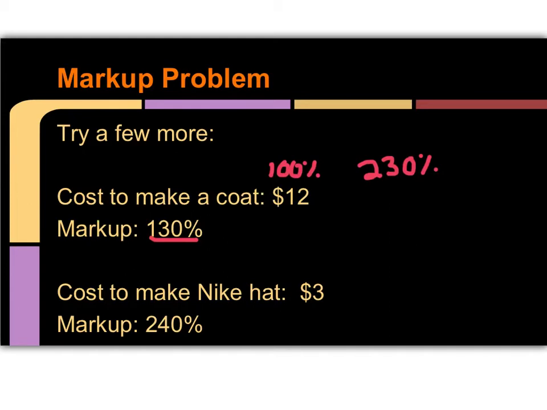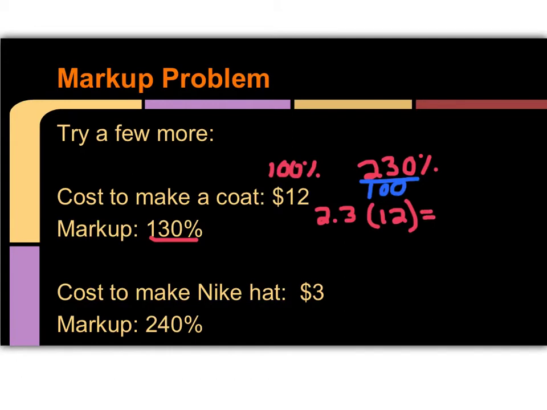So I'm already going to pay the $12 plus more. So let's see what that total is. First, we're going to turn that into a decimal. So I'm going to divide by 100. You get 2.30 or 2.3, 2 3/10. And then you multiply it by the $12 it cost them to make the coat.